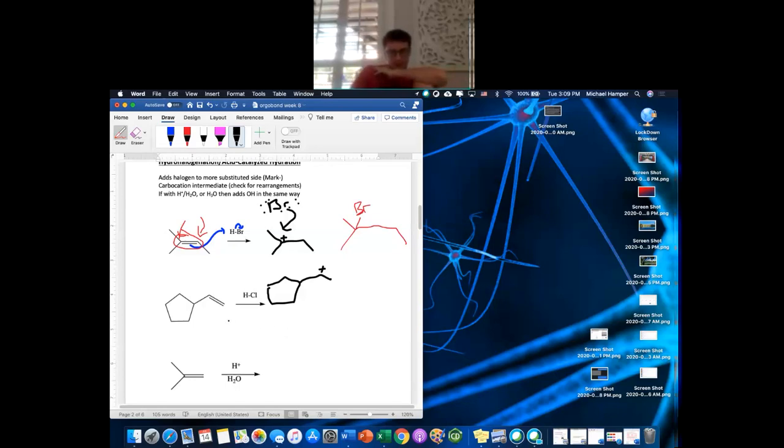Upon your ring expansion, you'll end up with something like this. And when you have your hydride shift, you're going to have something like this, and now the Cl will come in, and we see that the Cl will be added to the more substituted carbon. Simple as that.